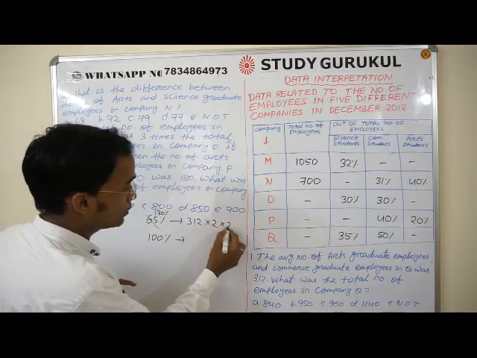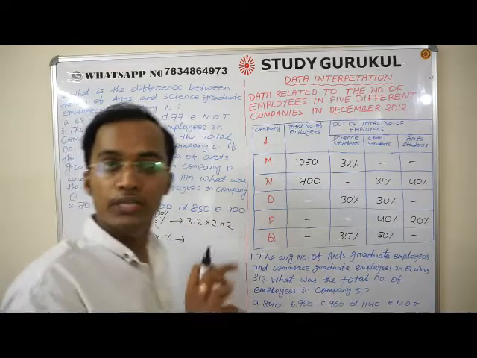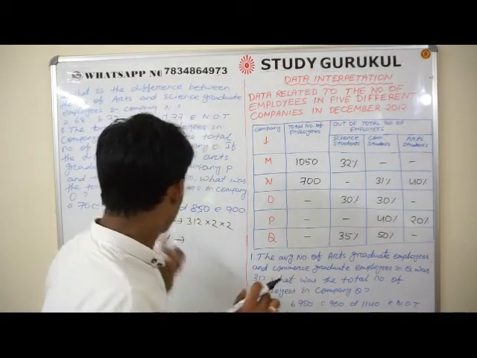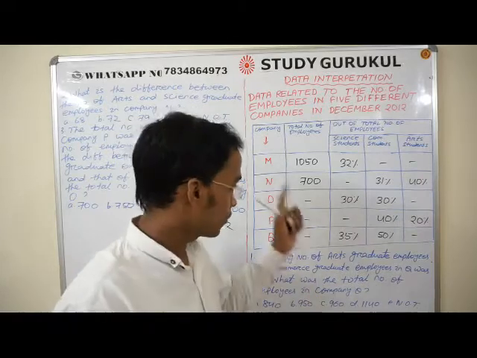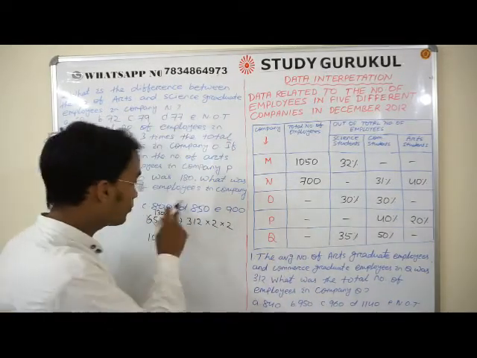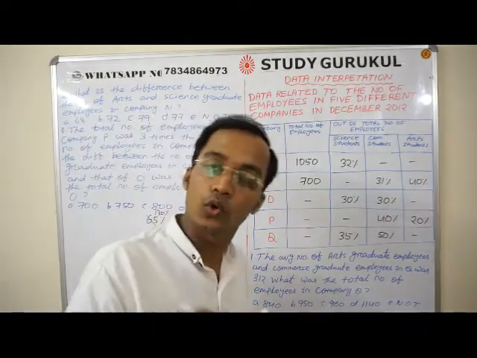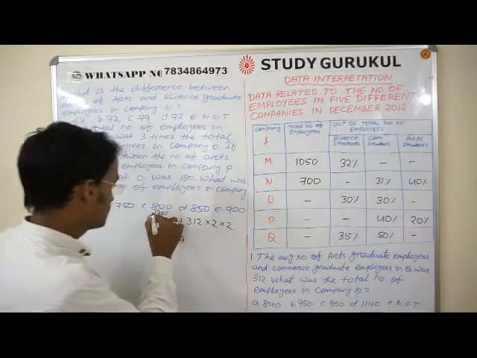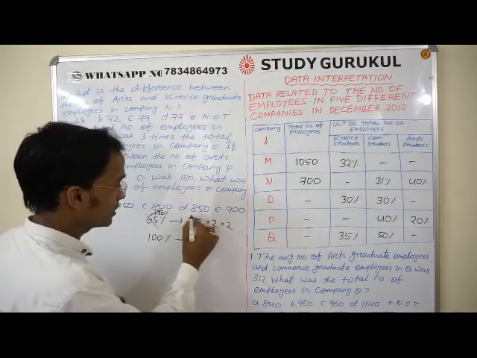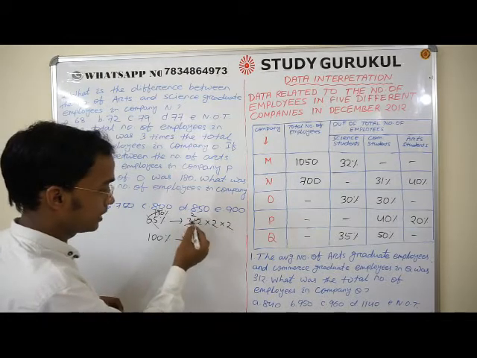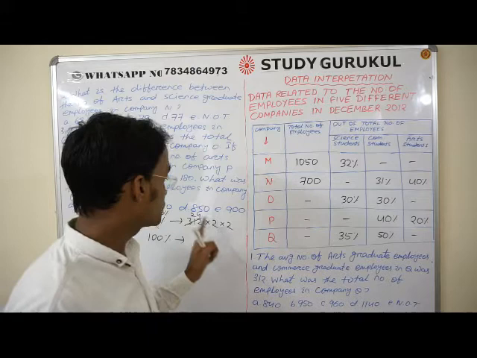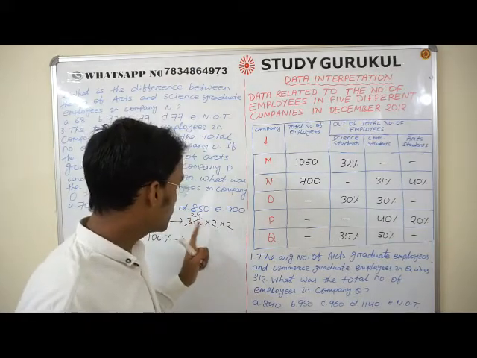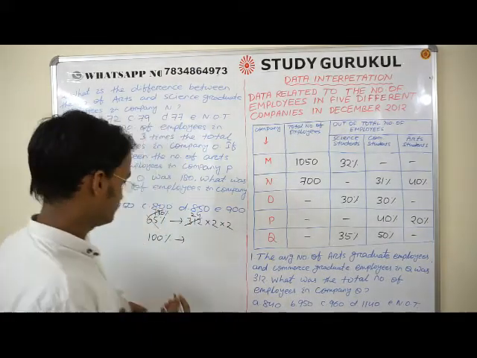Don't multiply the other side. Okay, this is a question from a previous year's question paper, so this must be solved. 13 into 2 is 26, and the remaining 624 divided by 26 gives 24. So it is 24 into 4.